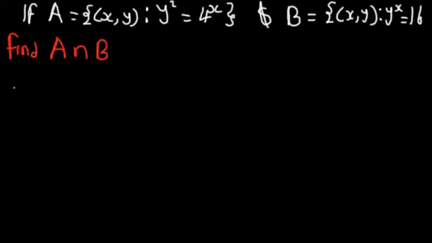They said A is a set, and it includes elements x, y such that y squared is equal to 4 raised to the x. Let's try to make some arrangements with the equation given to us.